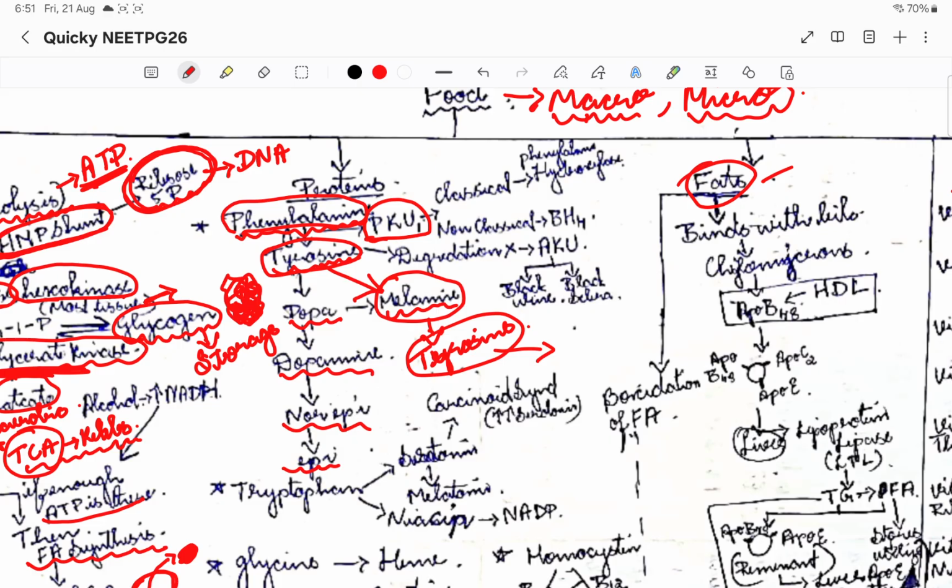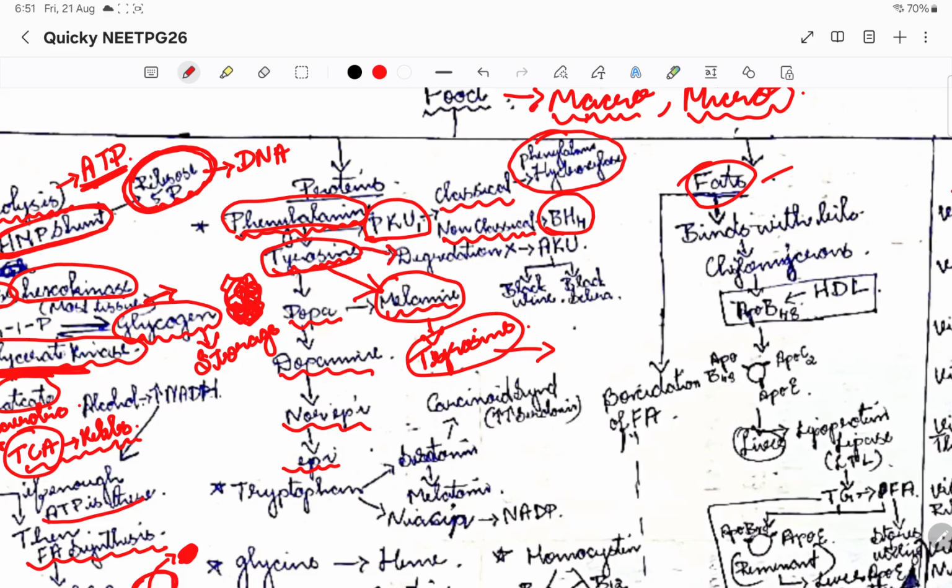There are two types of phenylketonuria: classical and non-classical. In classical, it is phenylalanine hydroxylase enzyme deficiency, whereas in non-classical, it is BH4, dihydrobiopterin, which is the enzyme that is defective in the non-classical type of phenylketonuria.